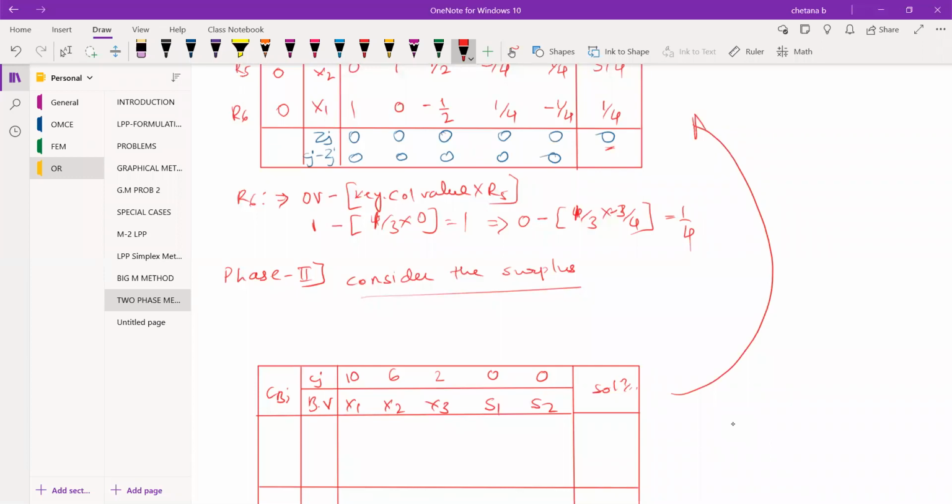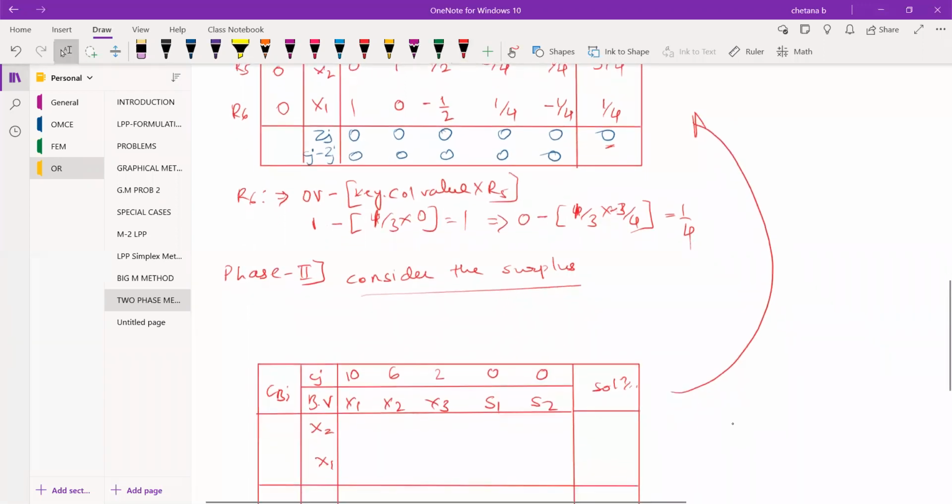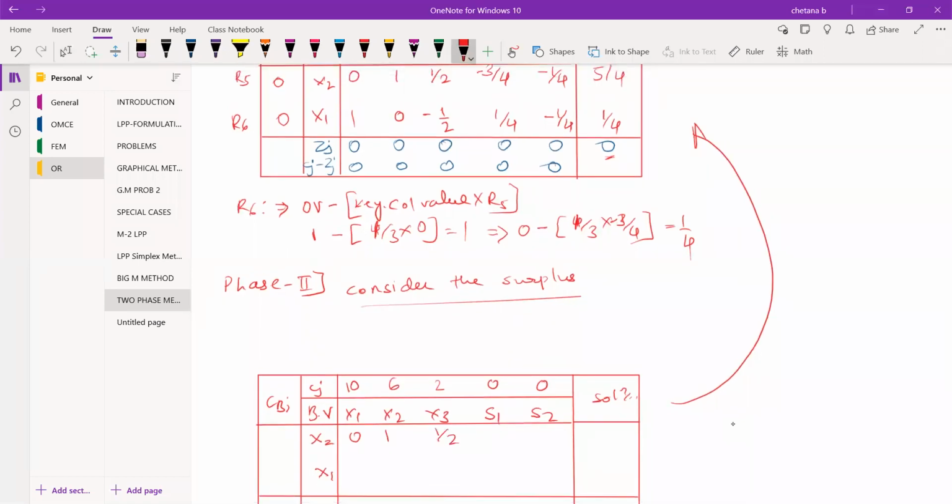As it is, whatever we have stopped, that is x2 and x1, and the same values of a11, a12, a13, a14, a15: 0, 1, 1 by 2, minus 3 by 4, minus 1 by 4, 5 by 4, and 1, 0, minus 1 by 2, 1 by 4, minus 1 by 4, 1 by 4.